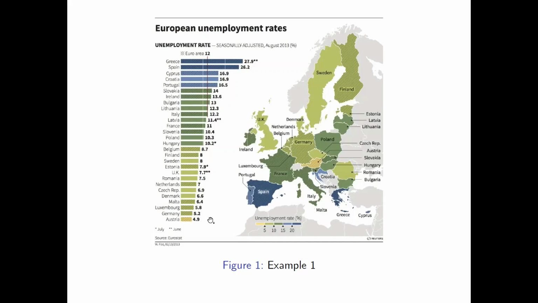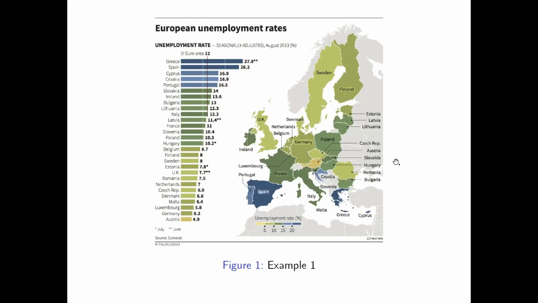For example, take the country Austria, which has the lowest unemployment rate. It is roughly in the center of Europe, and this information is hard to deliver, or at least not as efficient to deliver, using language rather than graphs.